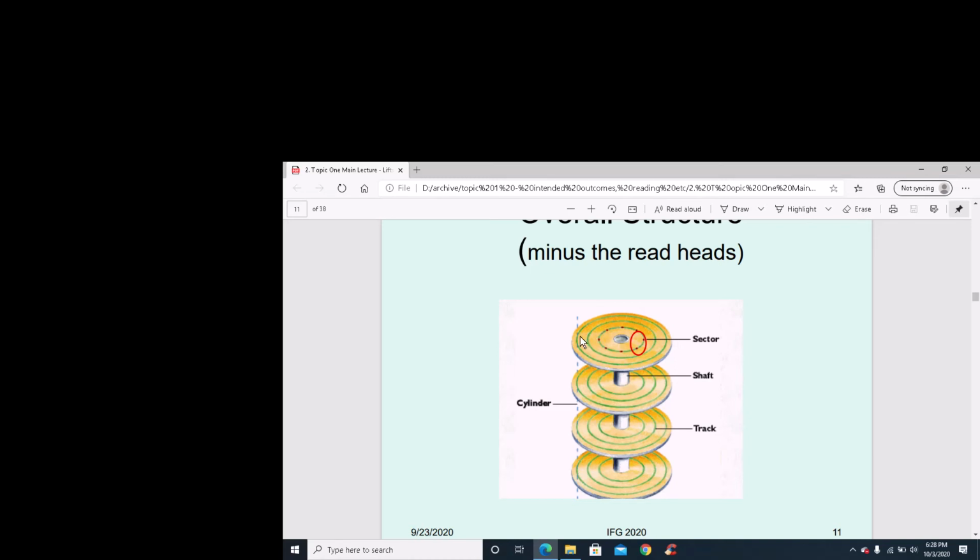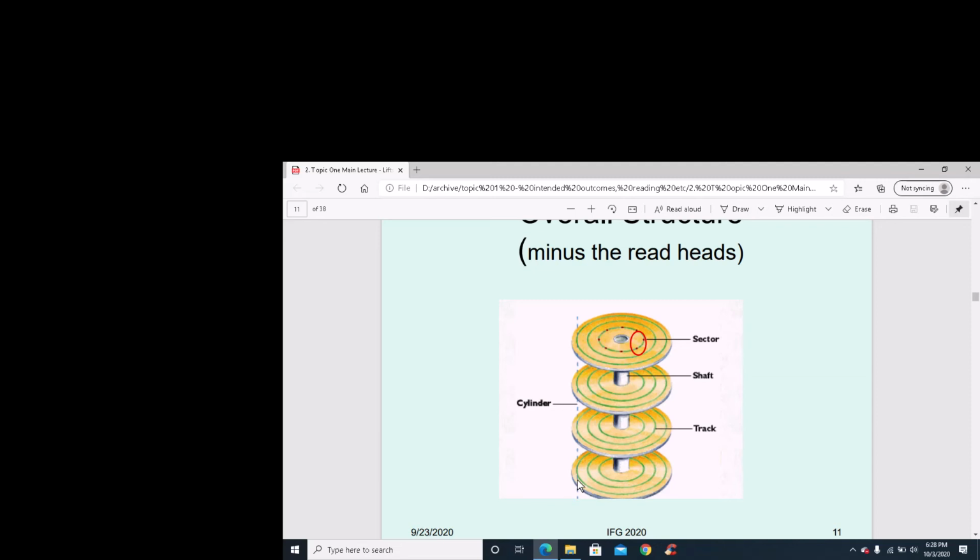You can imagine that these tracks are going to form logically a virtual cylinder. It's not a real cylinder because there's a big space between each track, but together you can refer to the cylinder.